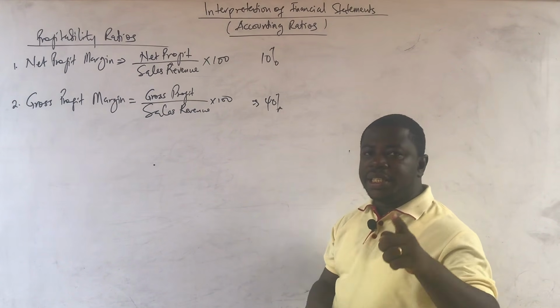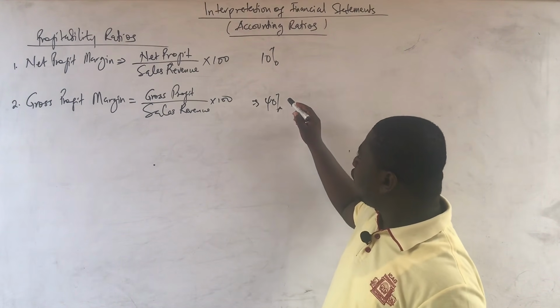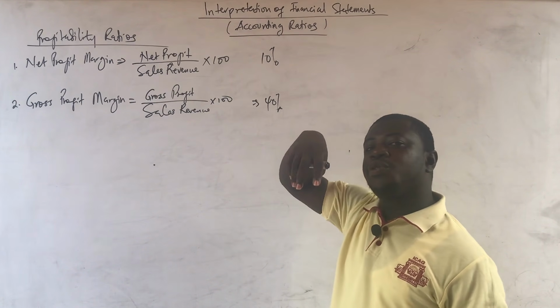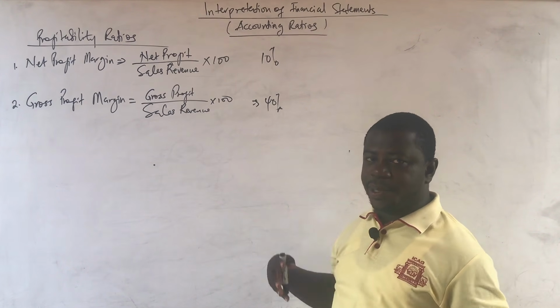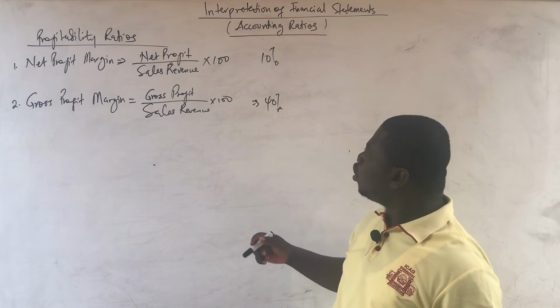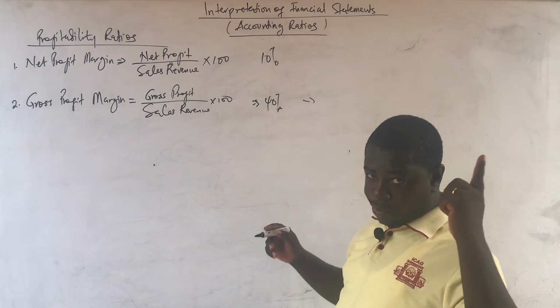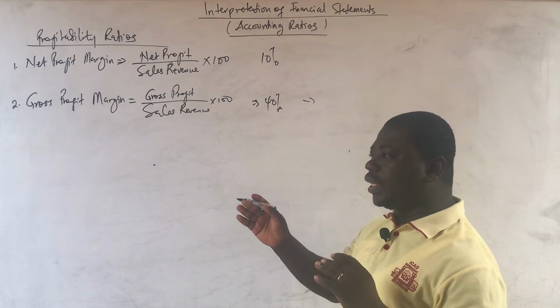Now, what it means is that the extra 30% that has gone off is as a result of your indirect expenses. Let's assume that we are doing industry comparison. I'll come to the inter-year comparison too.